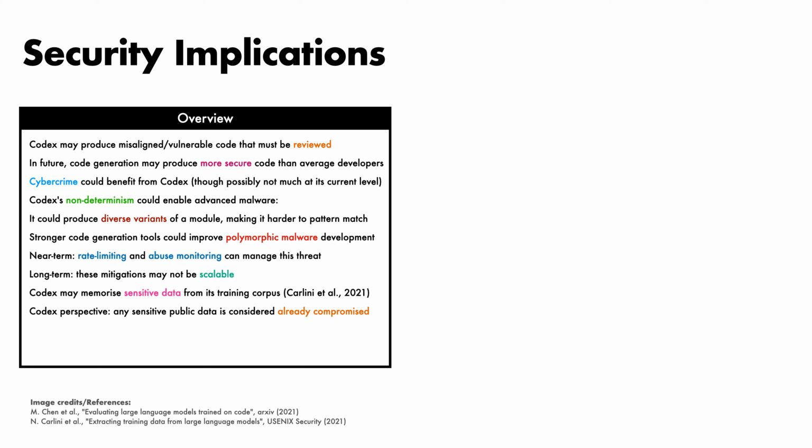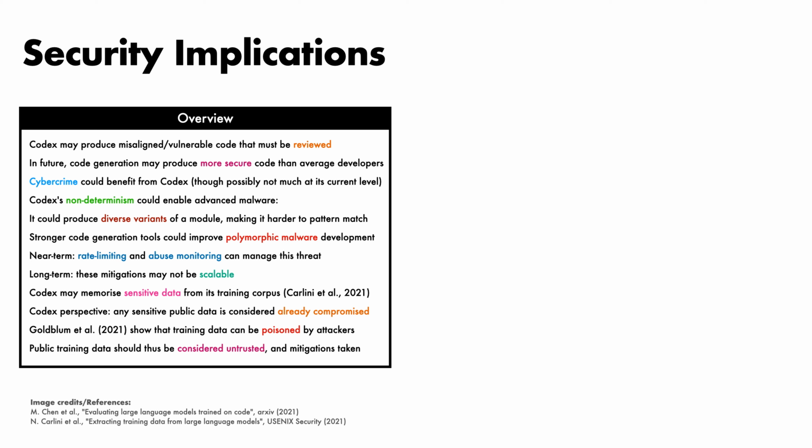Also relevant to the use of public data, prior work, such as that of Goldblum et al., has highlighted the potential for a broad range of data poisoning attacks, in which the training data is modified to achieve some change in model behavior. As such, publicly scraped training data should be considered untrusted, and mitigation should be taken to address this.